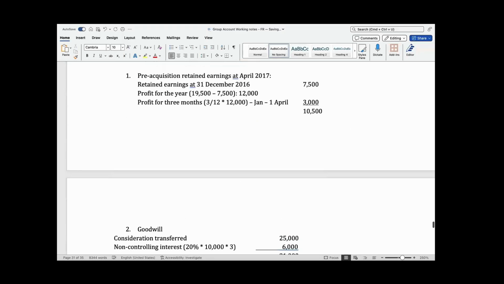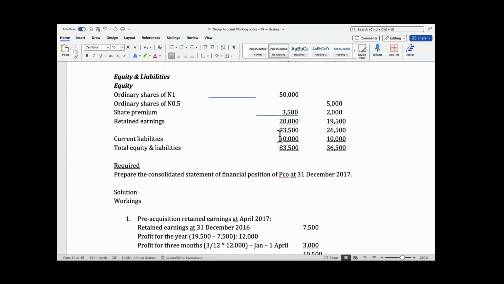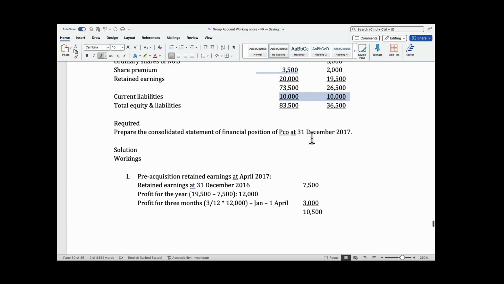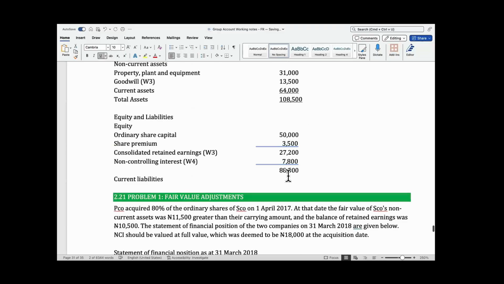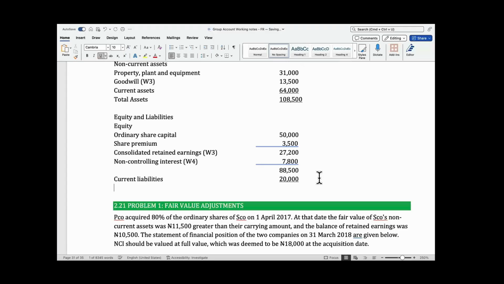What's the current liabilities? $20,000. What's my equity? 108,500. 108,500. Okay. Any questions?